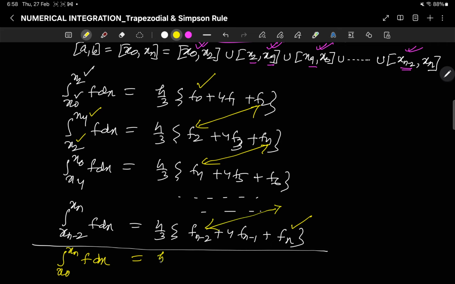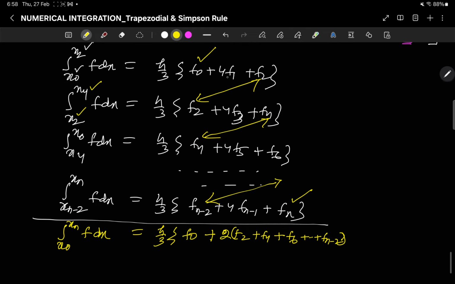So this will be h by 3 times (f0 plus fn, plus 2 times (f2 plus f4 plus f6 up to fn minus 2) and so on).